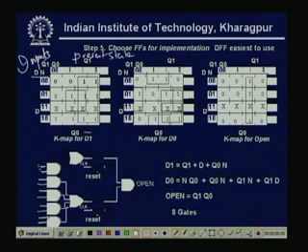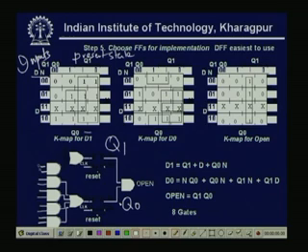Now, after minimization we get that d1 is q1 plus d plus q0 n. So, if we realize that thing, first this is q1 and this is my q0.